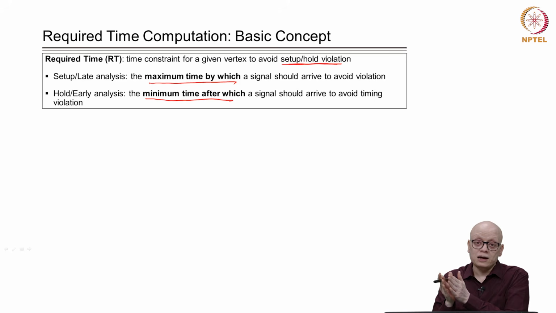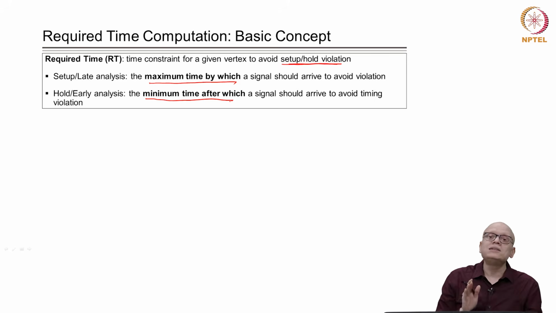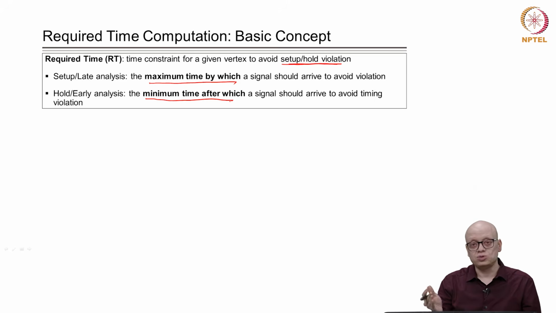If it arrives before the earliest time determined by the required time, then there will be a hold violation in our circuit. So, the signal can come later than what is specified by the required time in early mode. It can be later, but it cannot come earlier than what is represented by the required time, right.